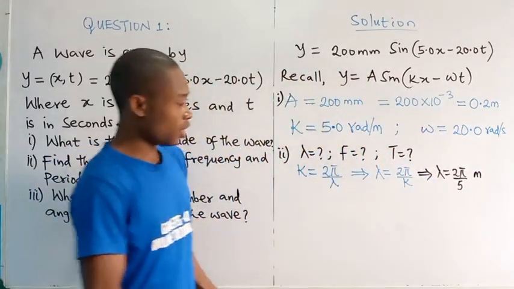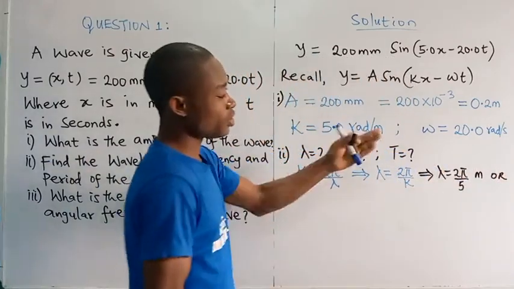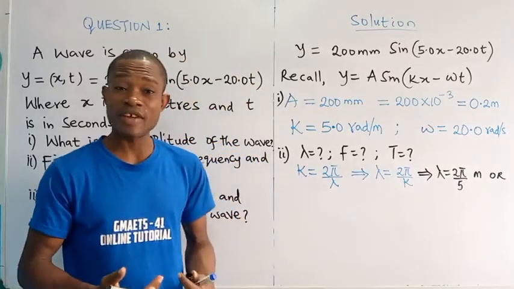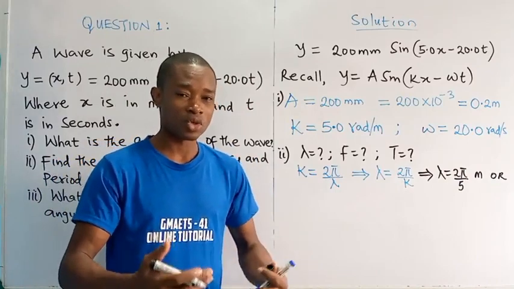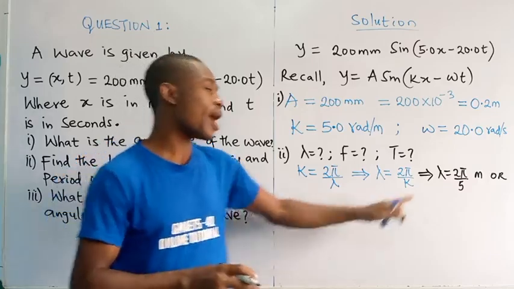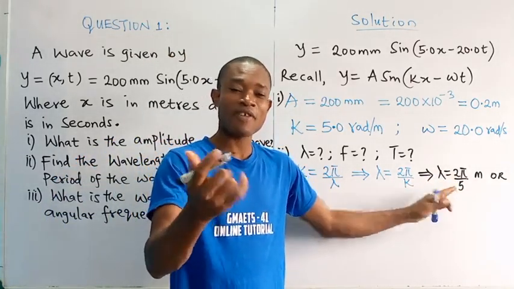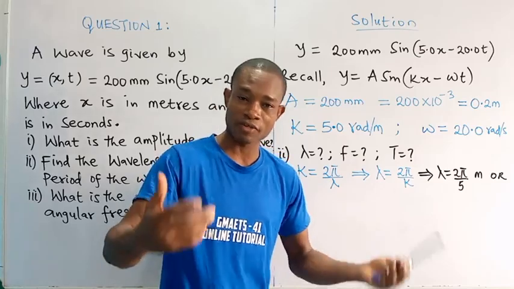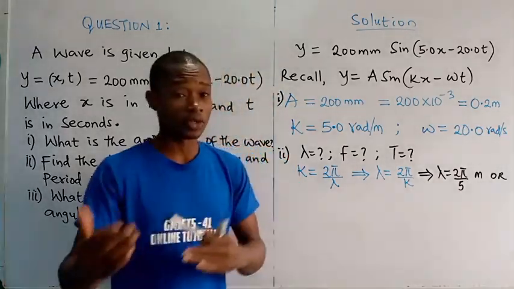So if we divide this, we could have our answer like this if we want in meter. But you can still choose to substitute the value of pi there, either 22/7 or 3.142 for pi. Anytime pi is standing off a trig function, that is to say pi is not in front of sine, it's not in front of cos, it's not in front of tan, the pi is taken as 22/7 or 3.142.